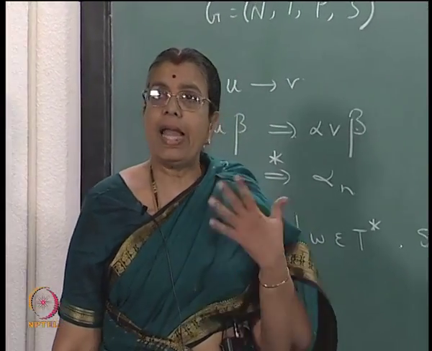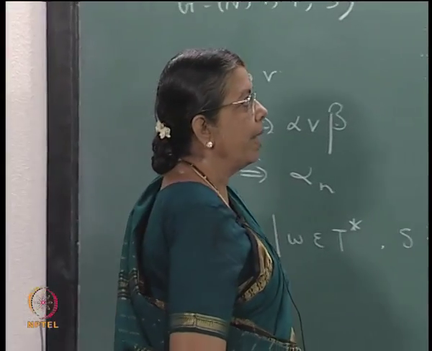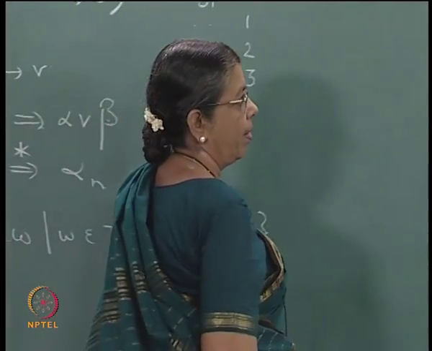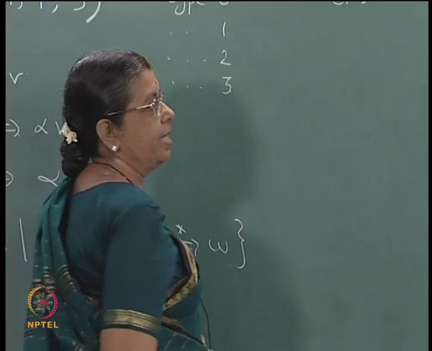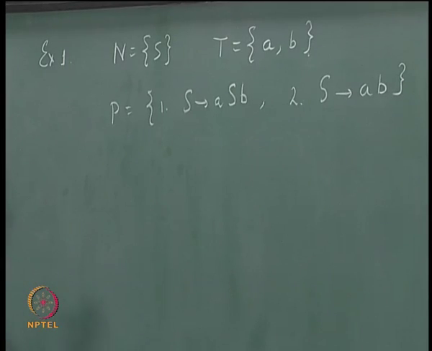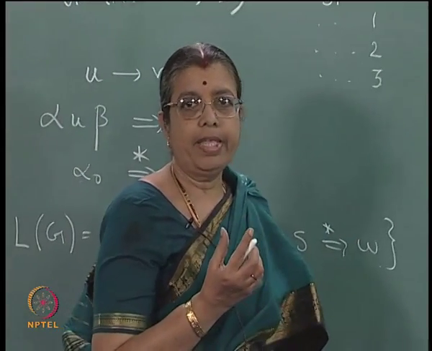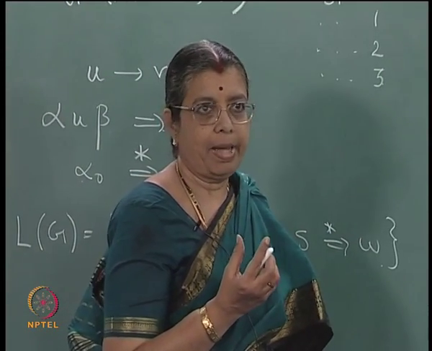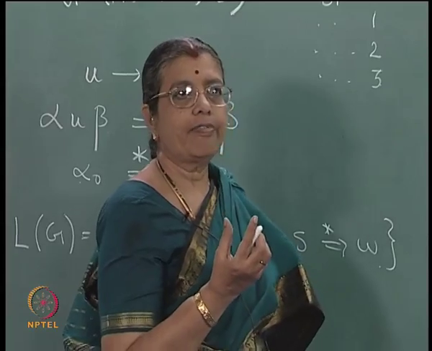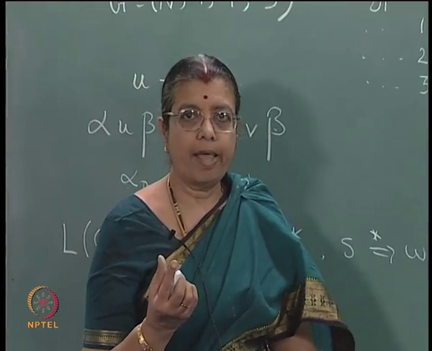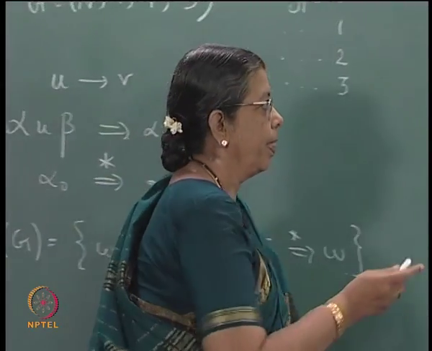Now, what is the language generated by this grammar? Let us derive some strings and see. Any terminal string derivable from the start symbol belongs to the language generated by the grammar. So, let us see what sort of terminal strings are derivable in this grammar.